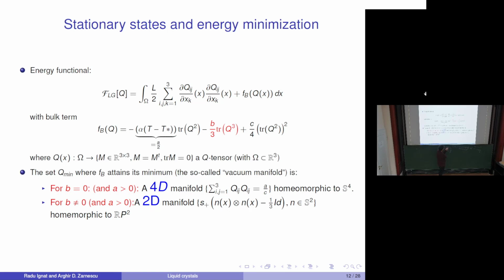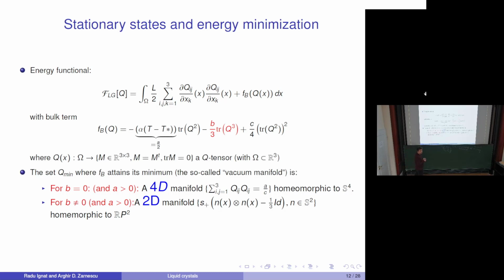Because in here, this is some constant, and then you have n tensor n. So this looks almost bijective to S2, and well, it's not, because if you put n or minus n, you get the same matrix. So what you have here is really this object that you might remember from geometry called the real projective plane, where you identify antipodal points on S2, or you can think of the lines passing through the origin.